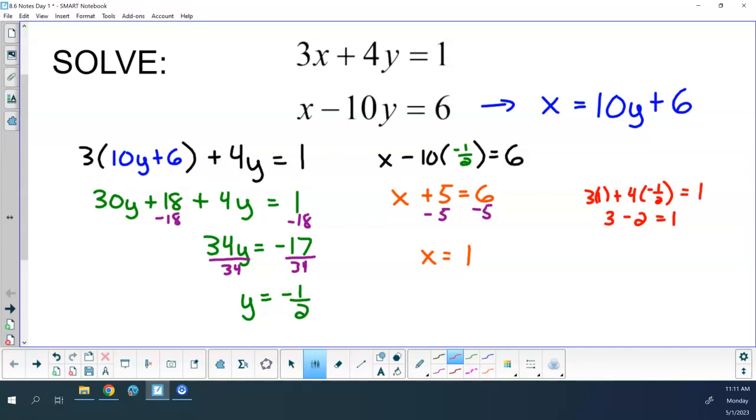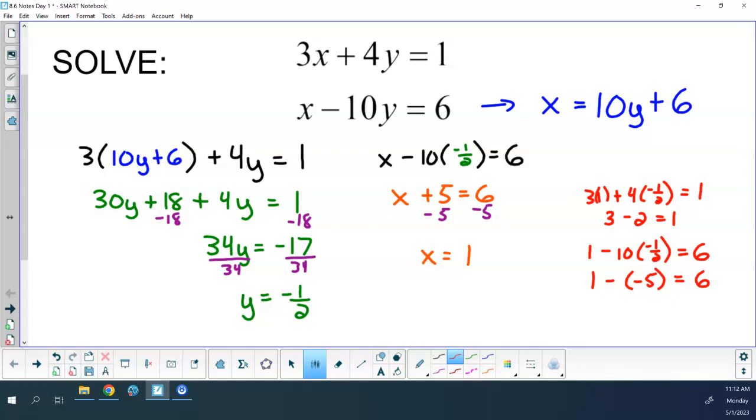That is correct. Works there. If I check it in the second equation, I get 1 minus 10 times negative 1/2, and that needs to be 6. Well, this is 1 minus negative 5, which is like 1 plus 5, which is 6.